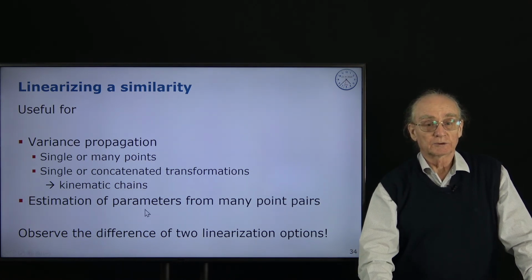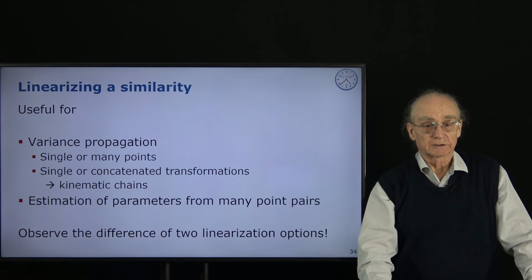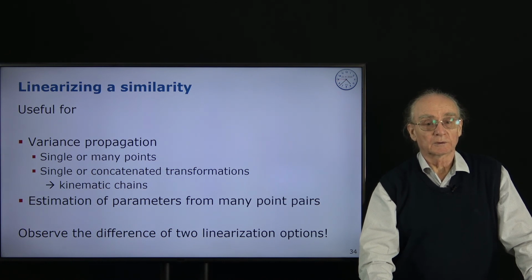And of course, if you want to estimate parameters from many point pairs, which we discuss in one of the following lectures, we have to take into account that the type of differentiation, how we linearize our similarity or motion, makes a difference in the corresponding covariance matrices.